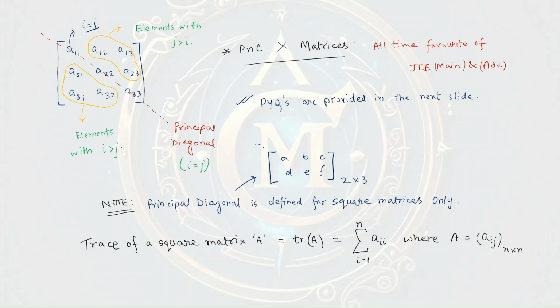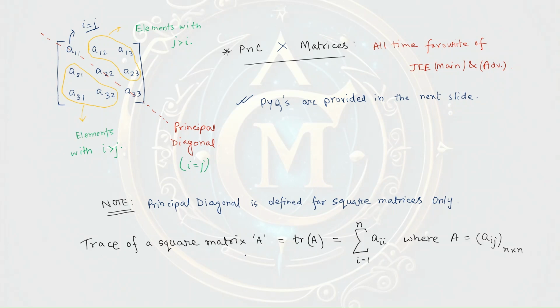Then there will be no principal diagonal, because a diagonal is the connecting line which joins the opposite vertices of this quadrilateral, and of course the line has to be made by elements only. In this case, no such diagonals are possible. That means the principal diagonal cannot be defined in the case we just discussed.